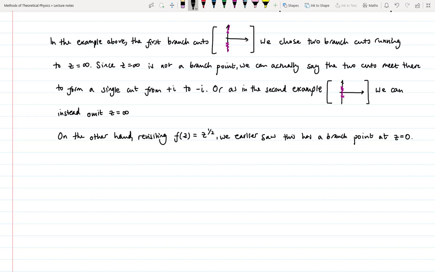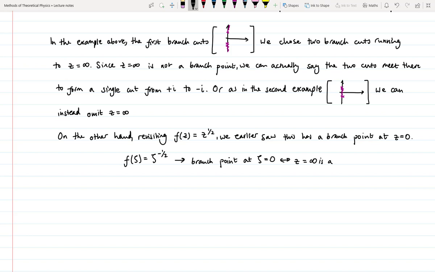Let's apply our transformation to investigate behaviour at z equals infinity. We define f of zeta as zeta to the minus a half, and clearly, by analogy with the square root of z, this has a branch point at zeta equals 0, and it therefore has a branch point at z equals infinity.